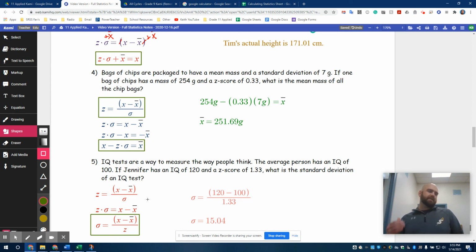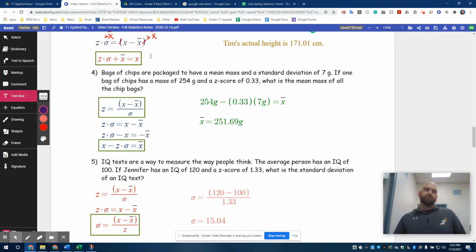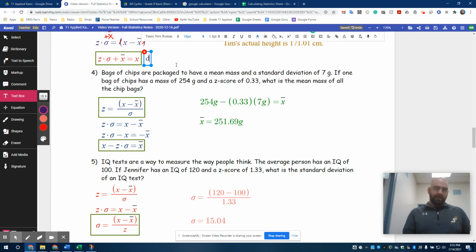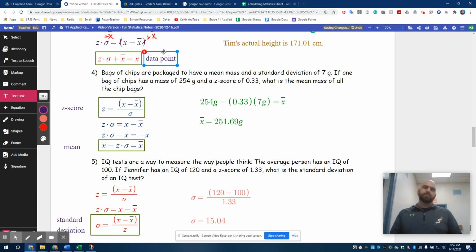So these four give us a chance to solve for each piece of data. That's where each one helps us.